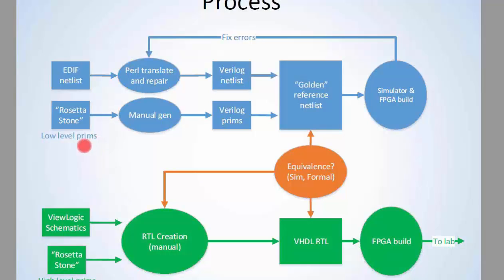We also took our Rosetta Stone for the low-level primitives. We didn't have to deal with the counters or higher things because the EDIF went all the way down to low level, for flops and ands and ors and the like. They actually end up being tens of primitives, but they were all rather simple low-level ones, and we just manually coded them as Verilog, which wasn't too hard. The longest of them was 5 lines of Verilog. And those two taken together are our reference net list.